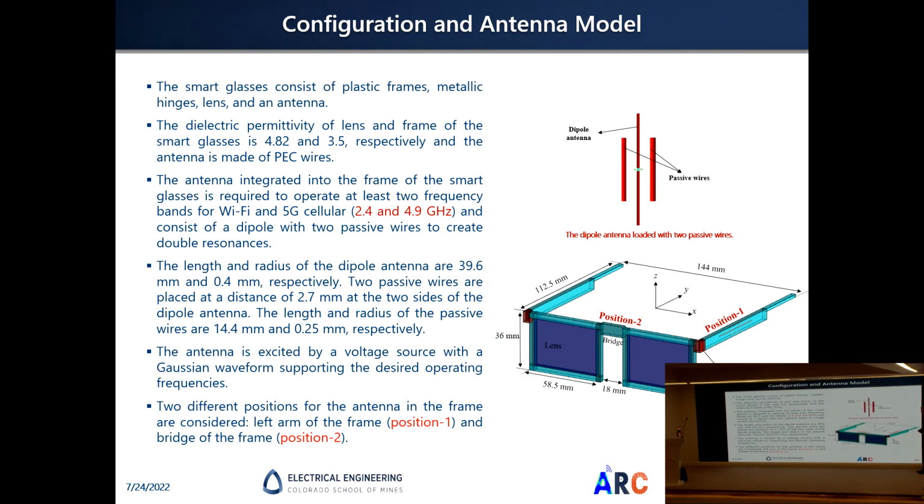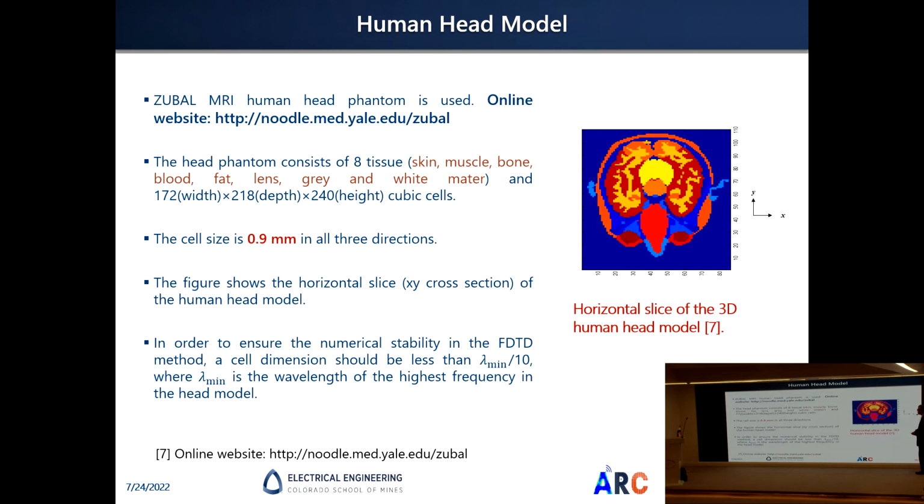We had a lens, a metal frame, a plastic frame, and metal hinges, and we put an antenna here one time in position 1 or in position 2. Each antenna is basically composed of a dipole configuration like this that supports 2.4 and 4.9. Again, we put a parasitic element to force the dipole antenna to work at 2 frequencies.